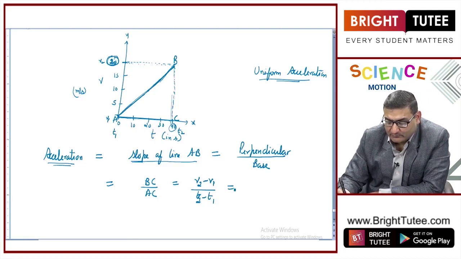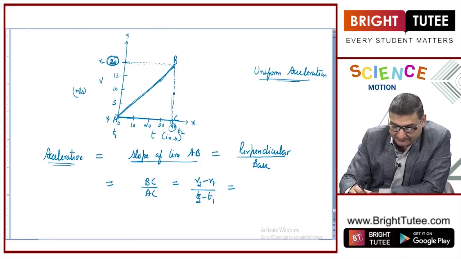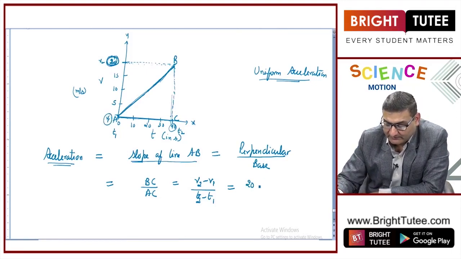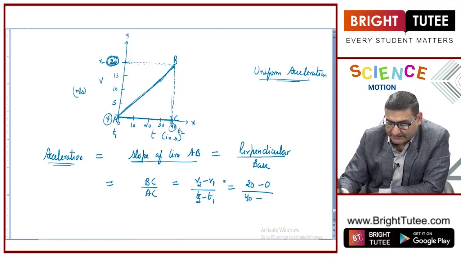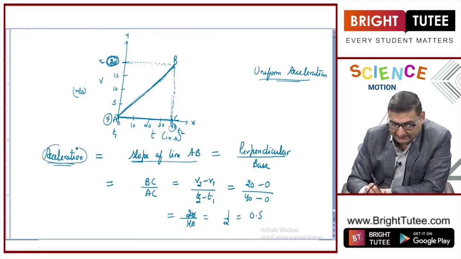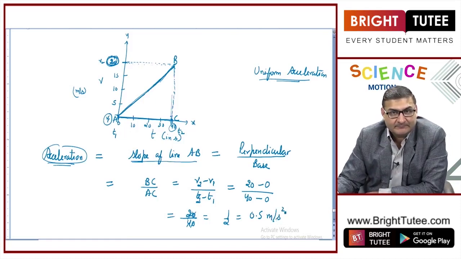So, taking these values from this graph, BC is equal to the higher value V2 minus the initial value V1, 20 minus 0, divided by the time factor, T2, which is 40, minus T1, which is 0. This comes out to be 20 upon 40, cancelling it out, I will simply get 1 by 2, or 0.5, and since I am calculating the acceleration, it will be meter per second square, the SI unit, right?